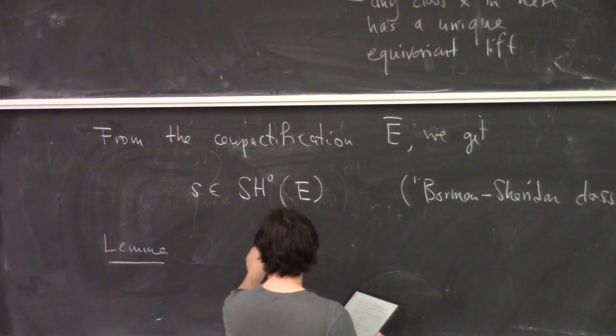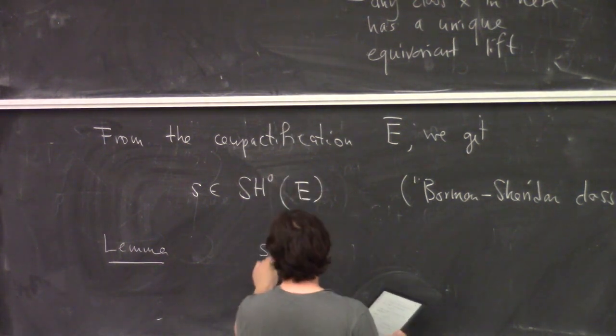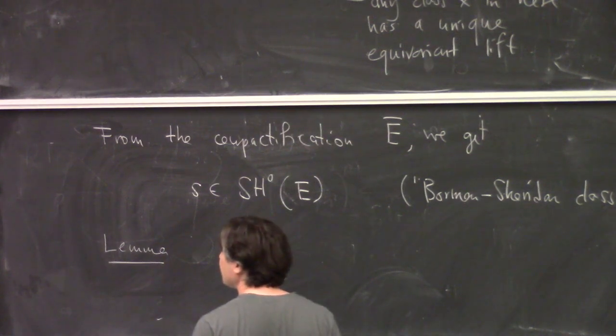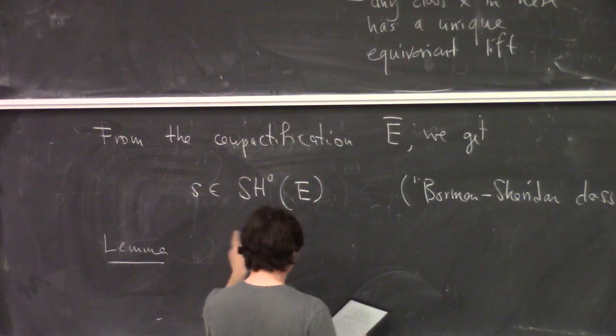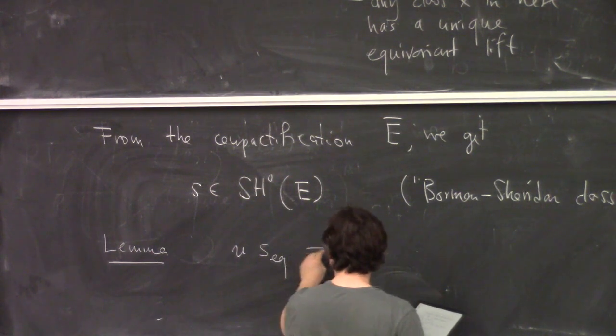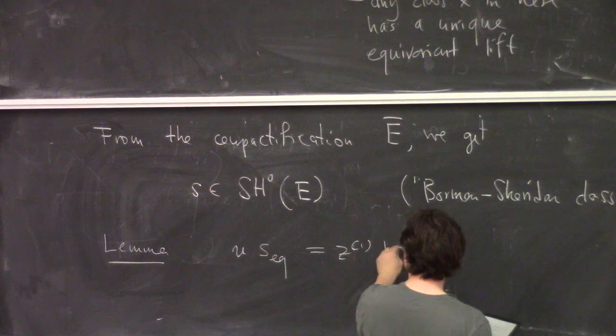So let's take S, this class here. I lift it to the equivariant thing, and I multiply it with U, then I don't actually have to invert U, it is equal to this guy here. What is this?